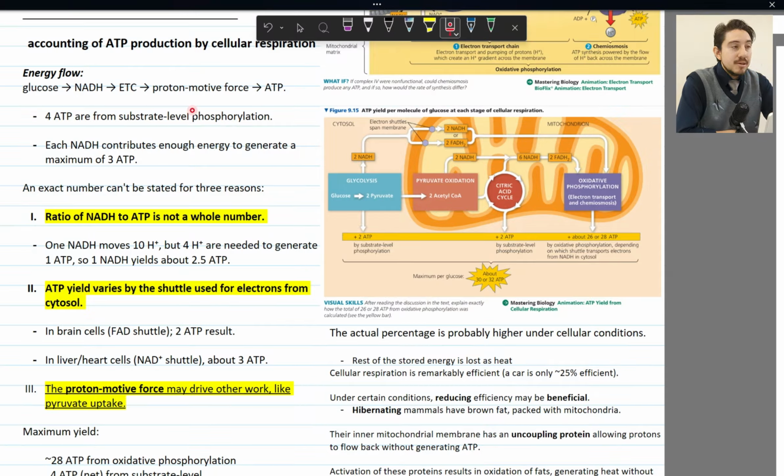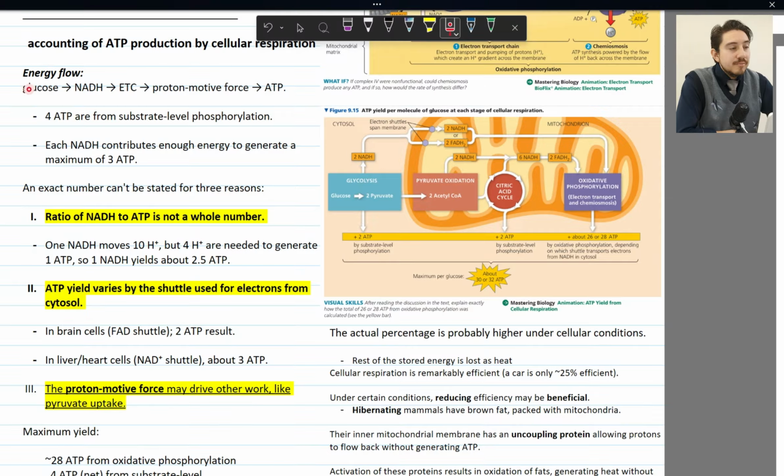The glucose will slowly be broken down, oxidized, stripped of electrons. Ultimately, these electrons are passed down to electron carriers, NADH primarily. These NADHs will transfer electrons to the electron transport chain, producing a proton motive force, basically a hydrogen plus ion concentration gradient, which will then be used to produce ATP.